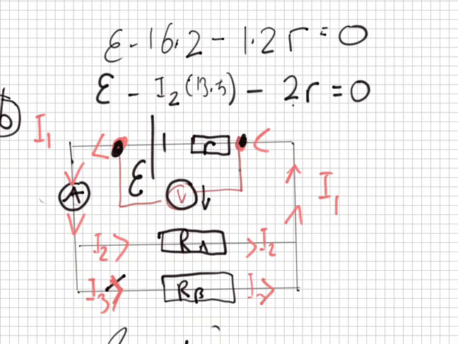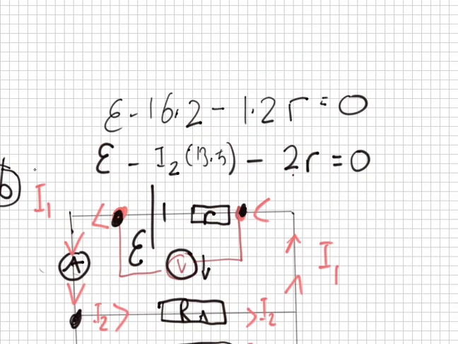So let's take this one here. What's going into this junction? I1, which is 2. And then what's coming out of the junction? I2 and I3. So how many unknowns do I have now? Yeah, 4. So then I need another equation.